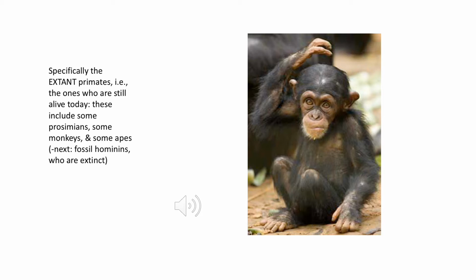Some monkeys, apes, like our little chimpanzee friend here, and of course humans. When we get into humans, we will talk a little bit about the fossil record of human evolution, because that's important for us to know where we came from. But for the most part, all of the primates we're going to talk about in this course are alive today.